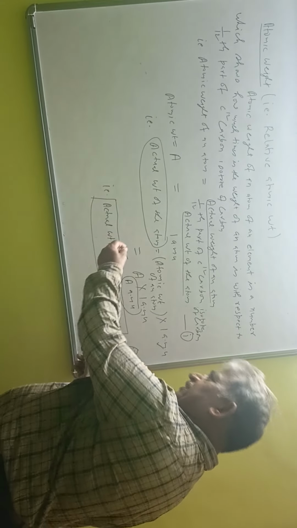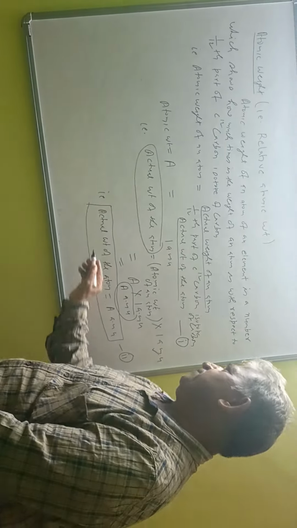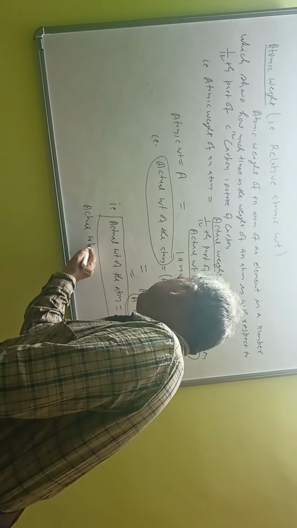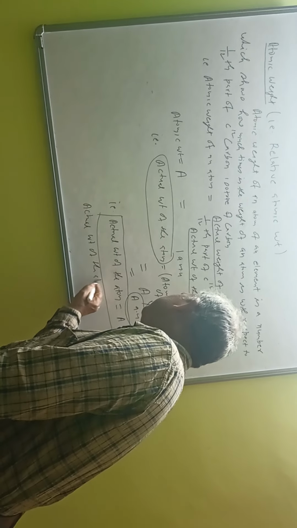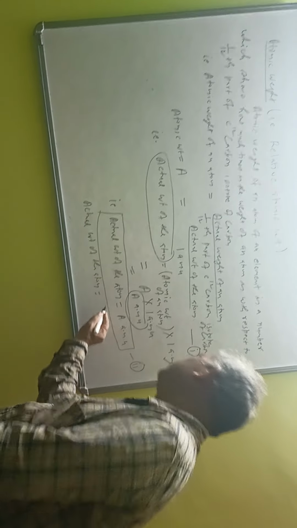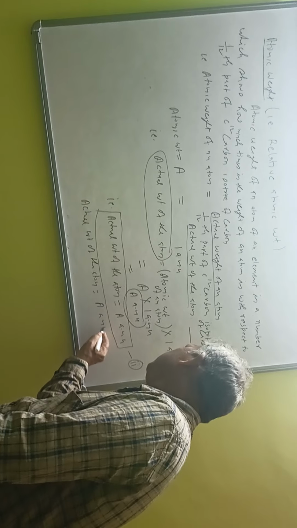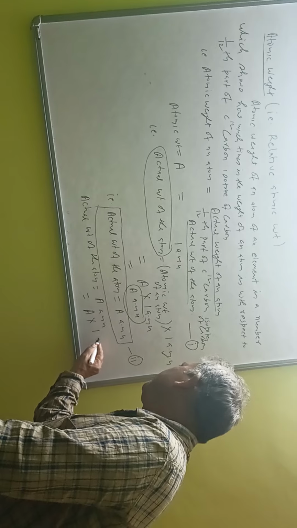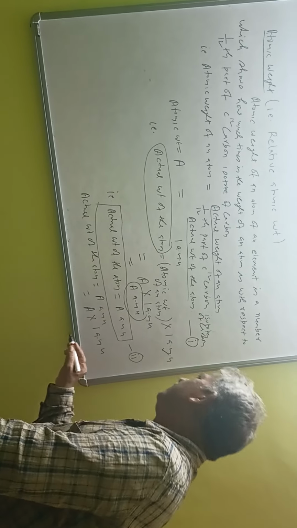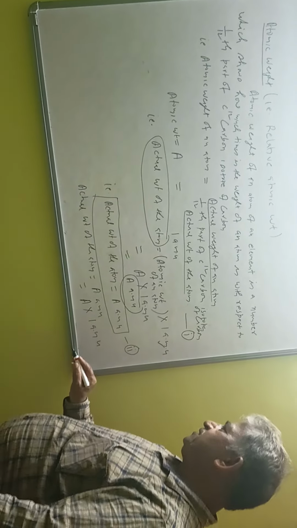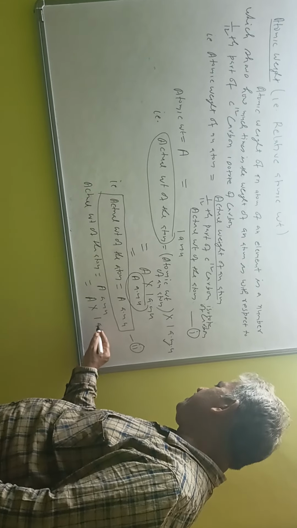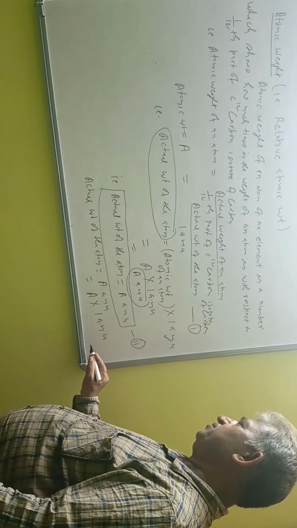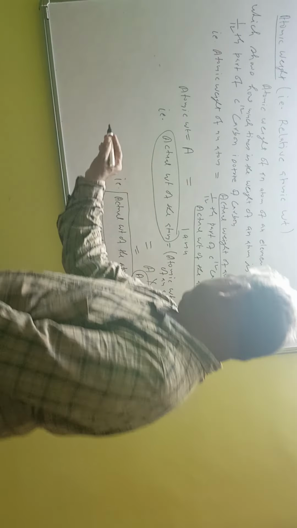But the same thing can be extended: the actual weight of the atom, you can write in AMU, but this is A into 1 AMU, and already in the previous class I have explained that 1 AMU is equal to 1 by n gram. So next step I am writing here.